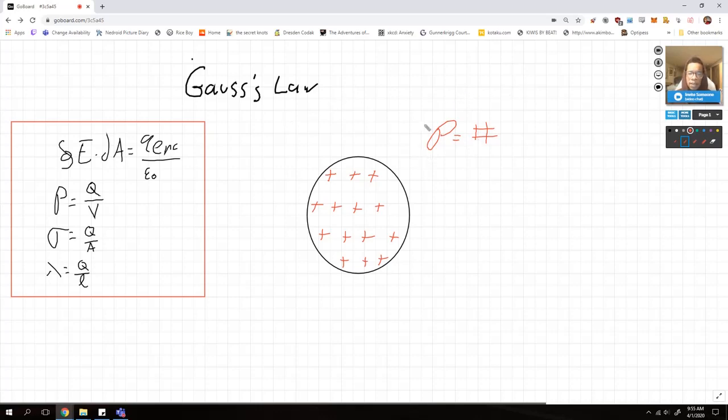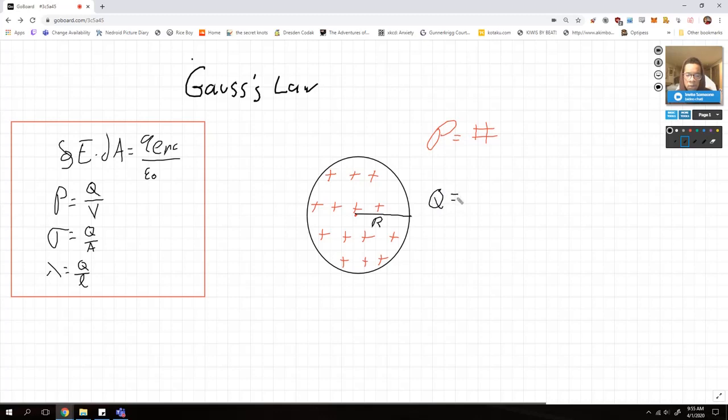We then could solve for how much charge total this sphere is holding if we know the radius of this sphere. So if we know the radius of the sphere, R, and we know this charge density, which is some number, we can figure out how much charge the sphere holds.